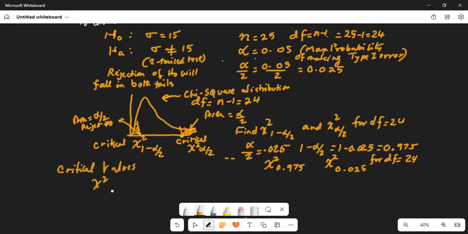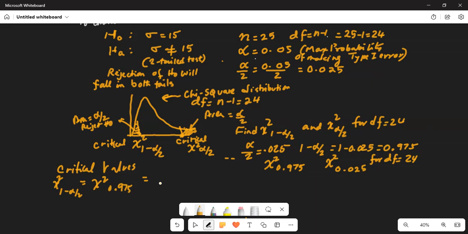chi-square 1 minus alpha by 2 is 0.975, and of course my degrees of freedom is 24. This is chi-square 1 minus alpha by 2, because alpha by 2 is 0.025. So chi-square 1 minus alpha by 2 is chi-square 0.975.